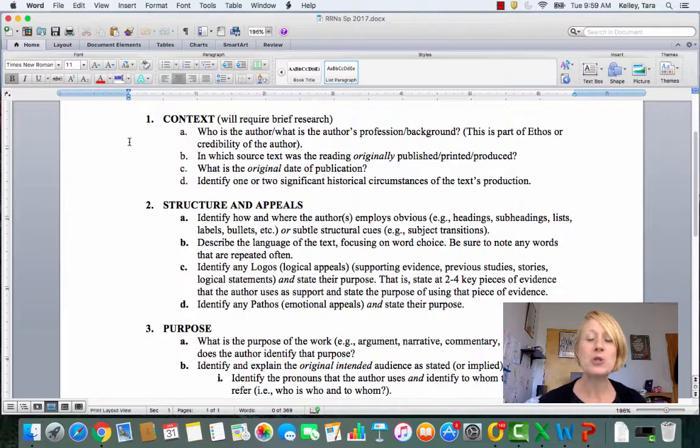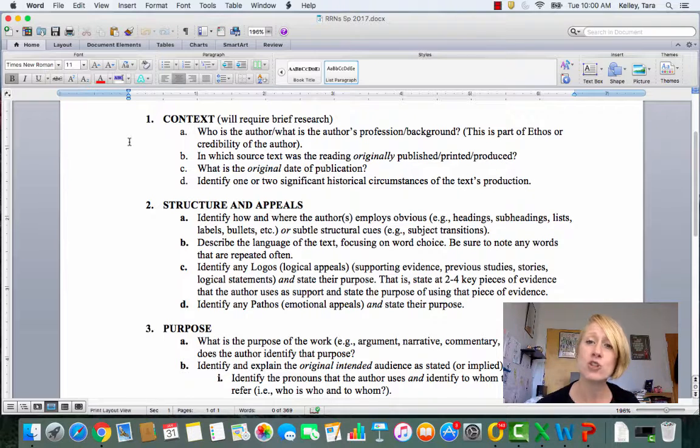So what you do here is you want to think about the time period in which this particular article was written, and think about if anything within that time period, politically, academically, other theories that were happening at the same time, is there anything that could have influenced the writing of this text production?